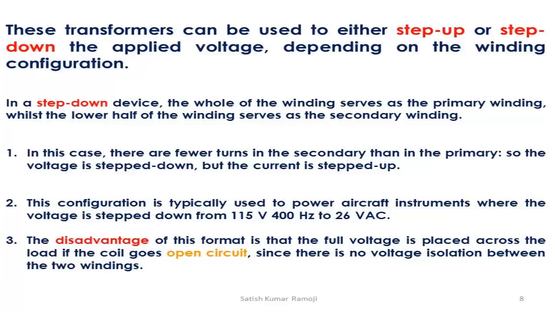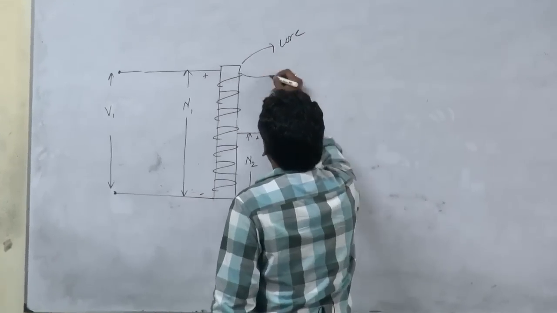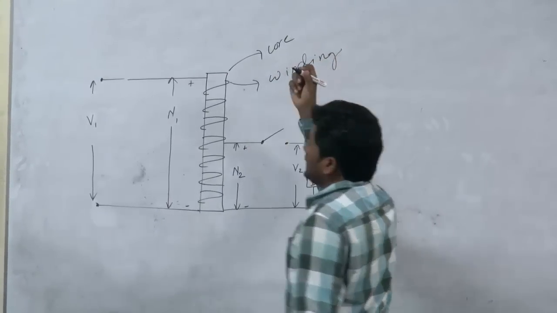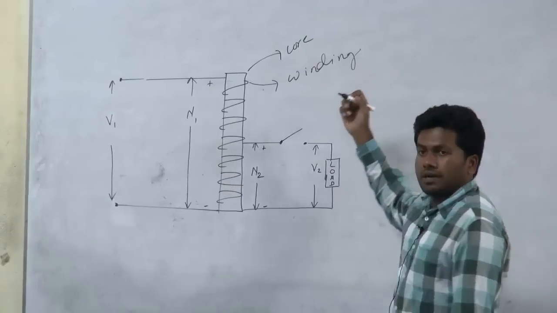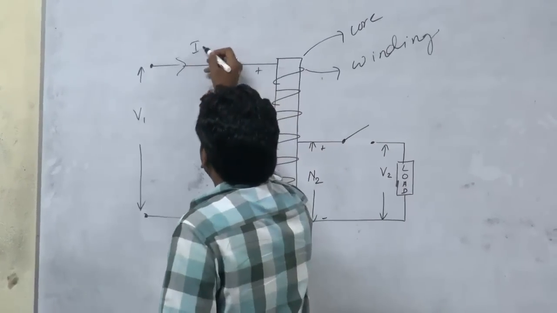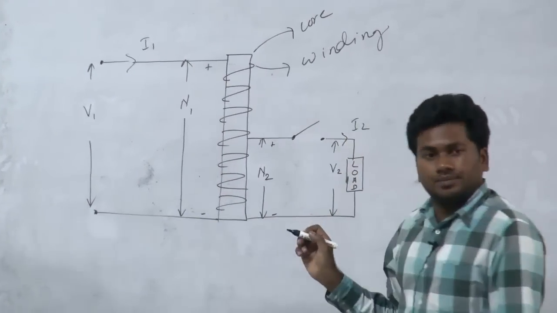You can see here, this is a core and this one is winding, whereas this is the primary supply. So what current flows over here? That is I1, and the current over here is equal to I2.